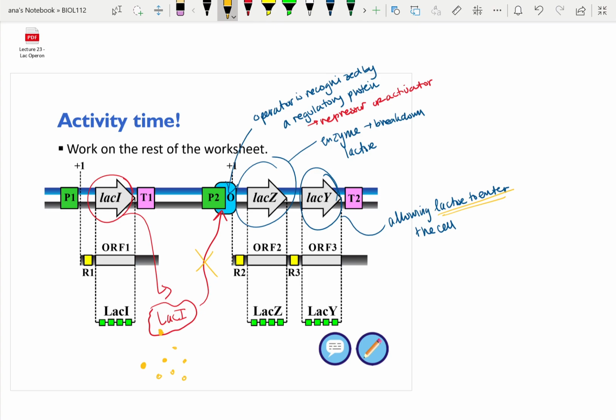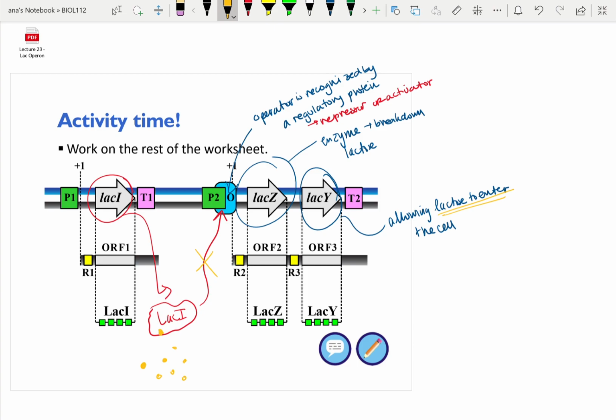So there's always a basal level of transcription occurring when lac-I is repressing the operon. So there's always basal levels of lac-Y being produced, so lactose can always enter the cell if it's present in the cell's environment. Okay, so that's an overview of what happens.